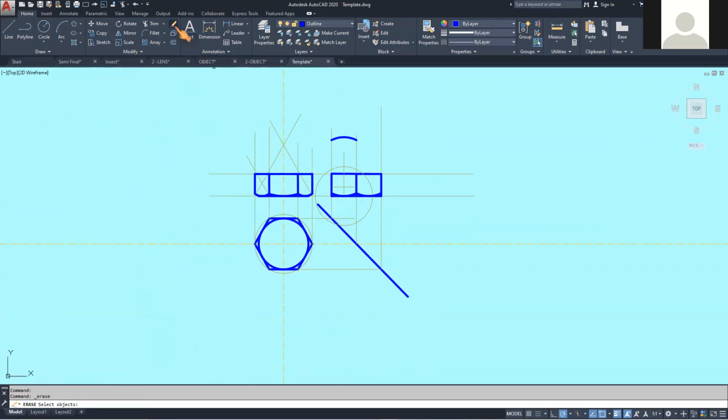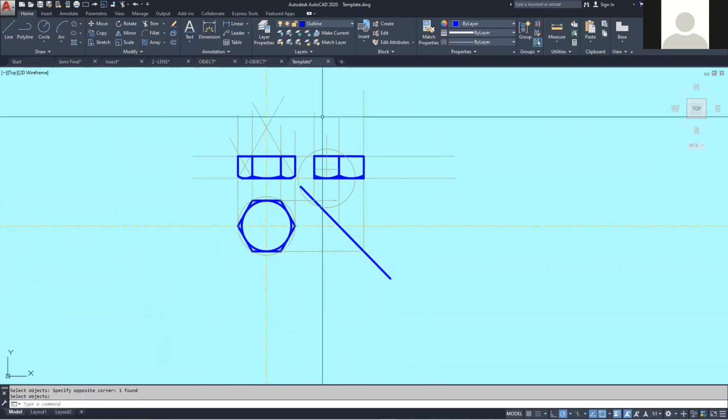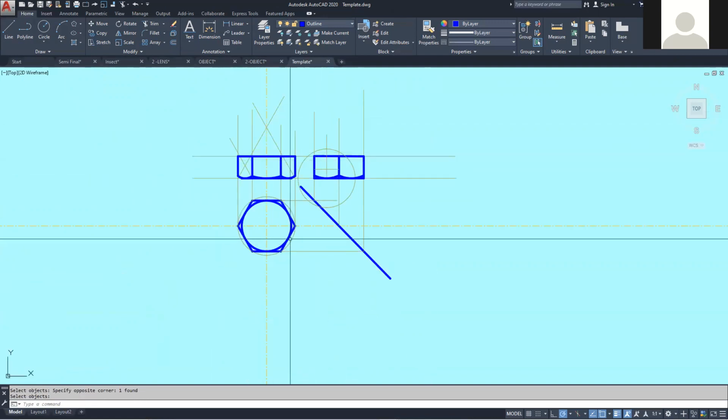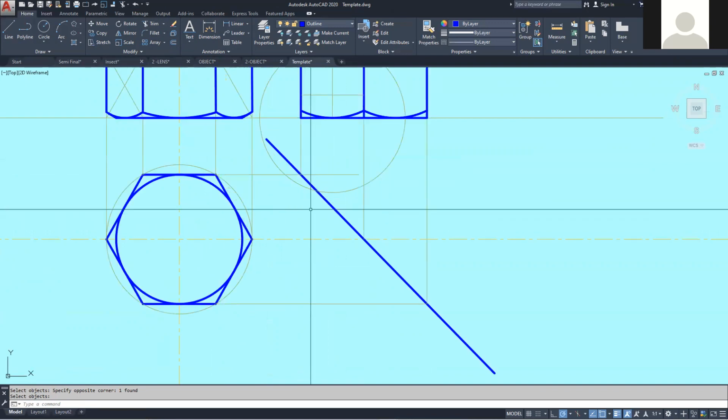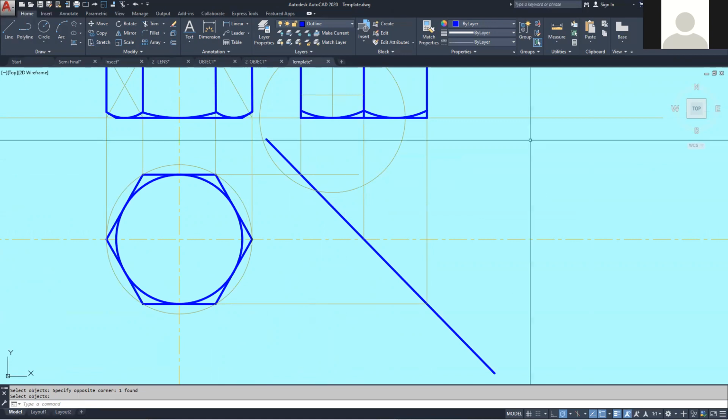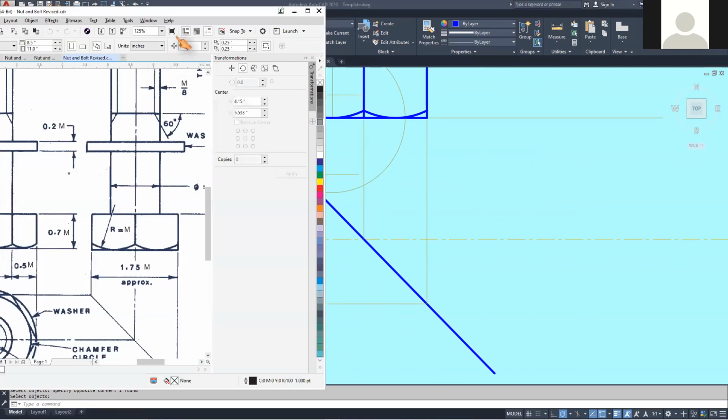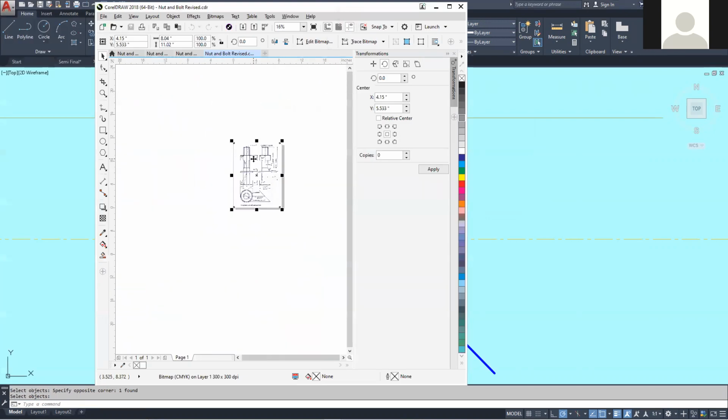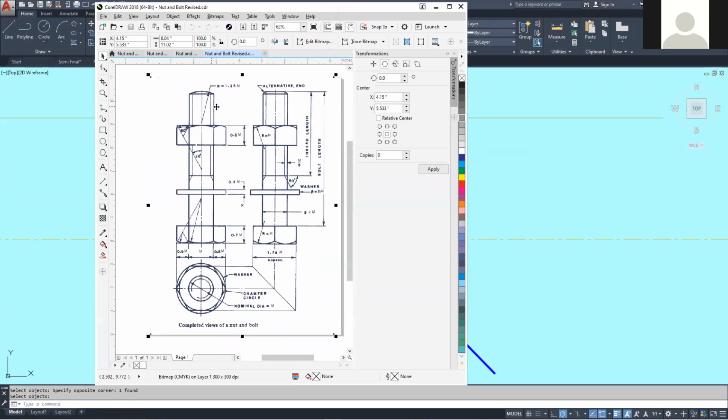This here would represent the head of the nut or the bolt. Right? Remember, the first thing to do is you'll be given M. M is the size of the shaft.